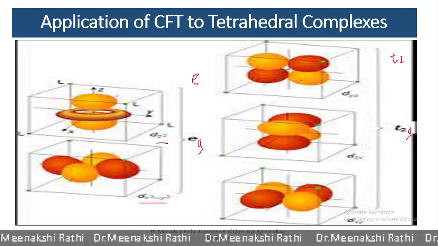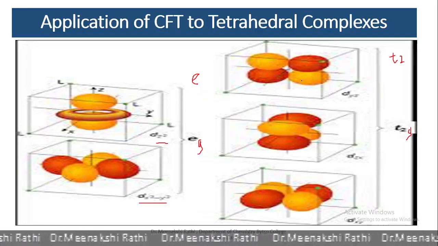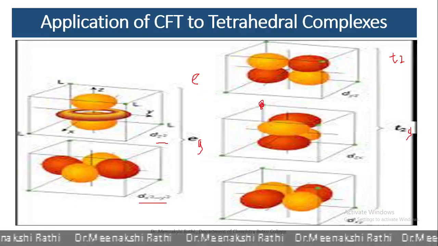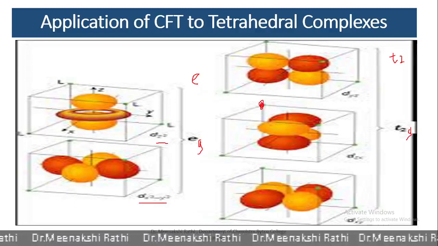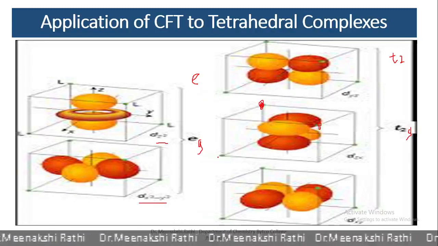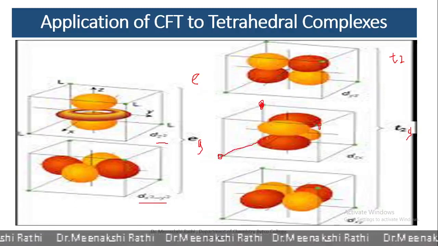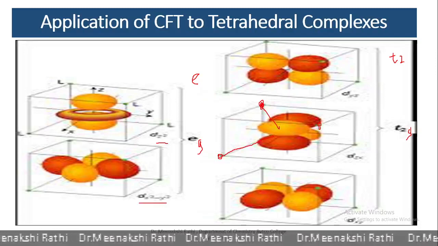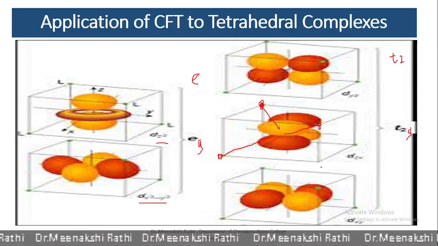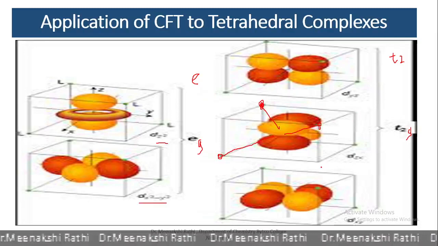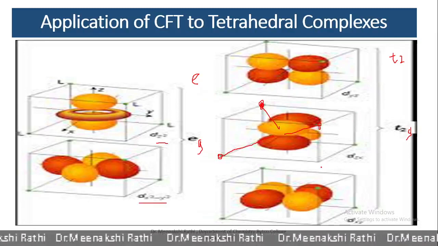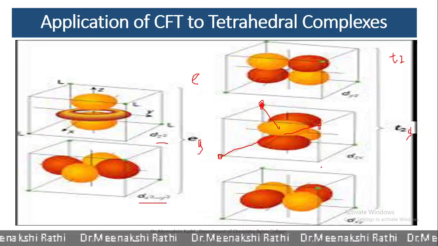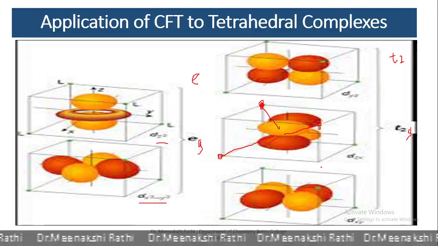Actually, in tetrahedral complexes, we just saw that ligands approach from alternate corners of the cube. And it is observed that the direction of the ligands does not directly coincide with any of the orbitals, neither the E nor the T2 orbitals.